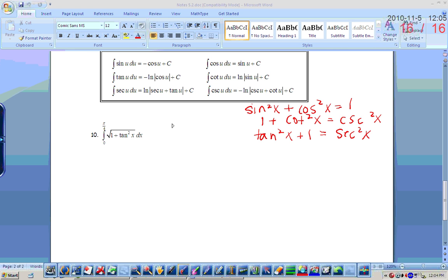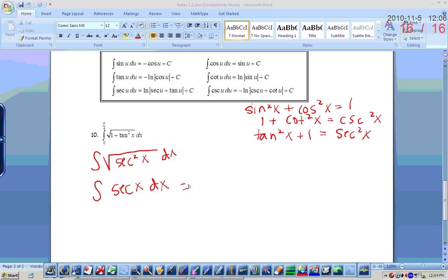1 over sine is cosecant, and 1 over cosine is secant. Okay, so 1 plus tan squared is the same thing as secant squared. And the square root of secant squared is secant x. And, see, it looked like it was going to be really hard.